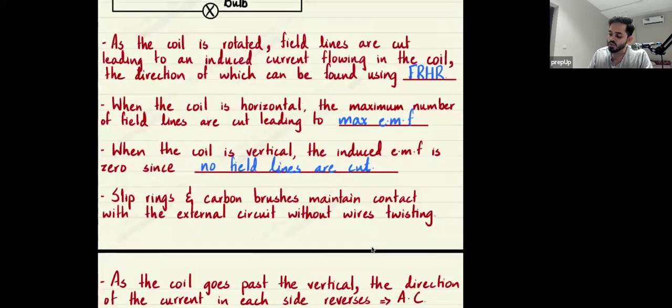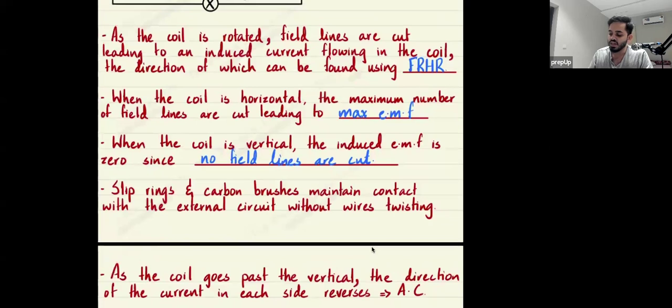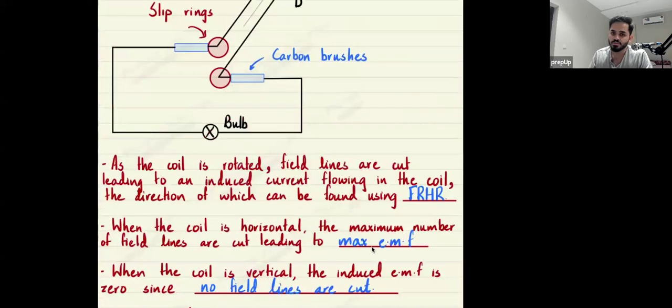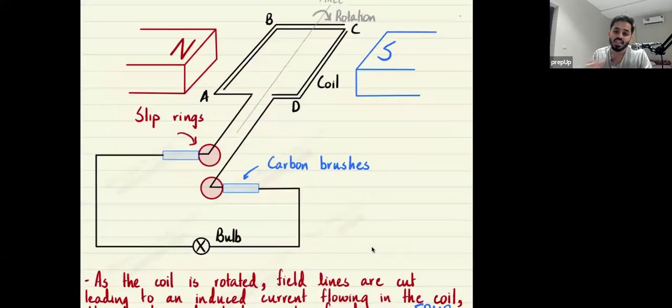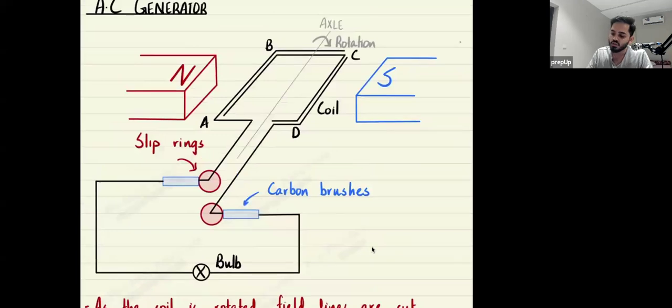As the coil goes past the vertical, the direction of the current in each side reverses. Let's see how that would happen. Let's say the coil is in this orientation as shown here, and this is how it's rotated, so I know that the force on this side is upwards like this, and downwards on this side like this. So let's use Fleming's right hand rule to figure out the direction of current in each of these sides.